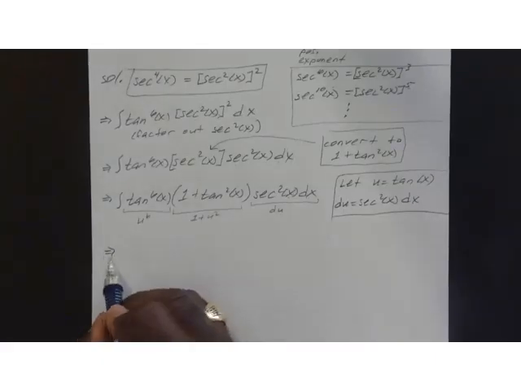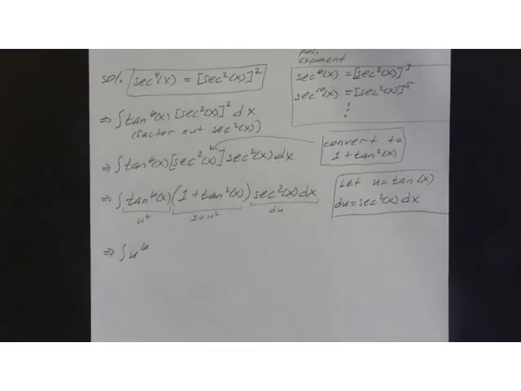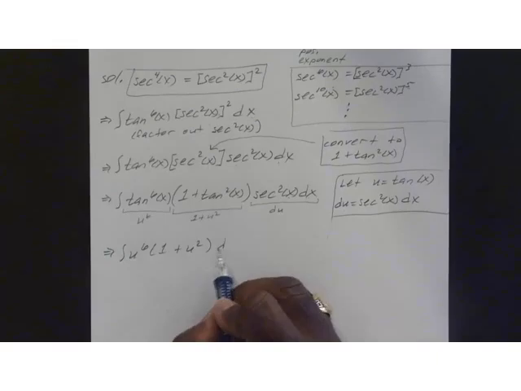We rewrite it in terms of u. That's the integral of u to the sixth power times 1 plus u squared du.